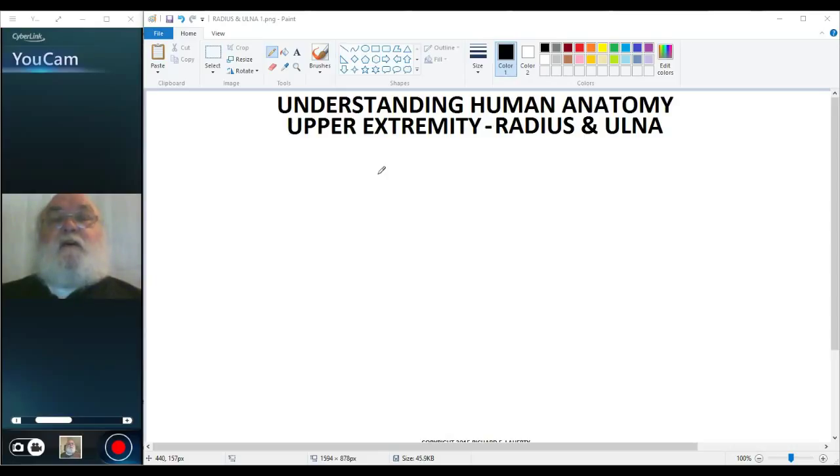The ulna is the medial bone, the radius is the lateral bone when in anatomical position. So when the hand is supinated. I'm going to start by sketching in the ulna.